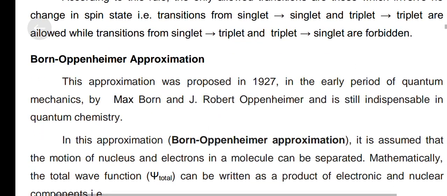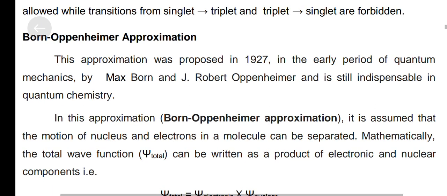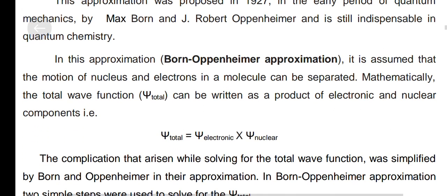In this approximation, it is assumed that the motion of nuclei and electrons in a molecule can be separated mathematically. The total wave function psi total can be written as a product of electronic and nuclear components, i.e. psi total is equal to psi electronic into psi nuclear.